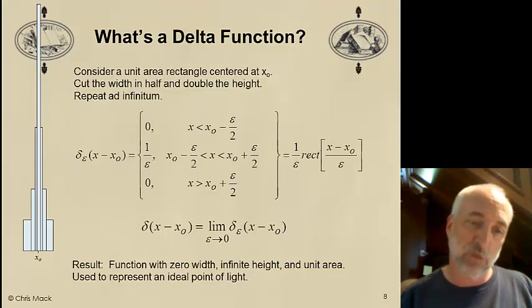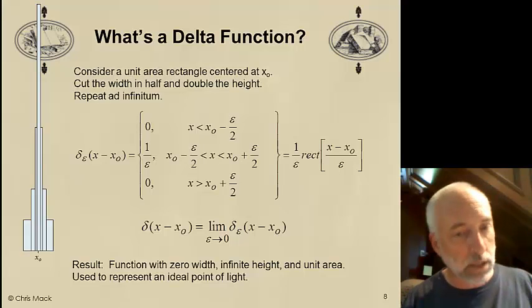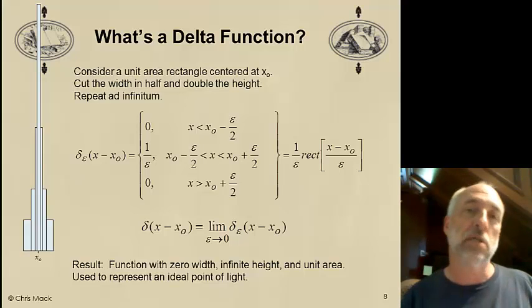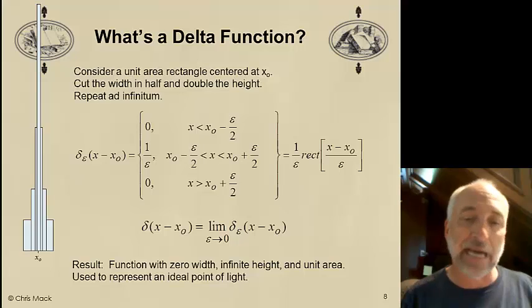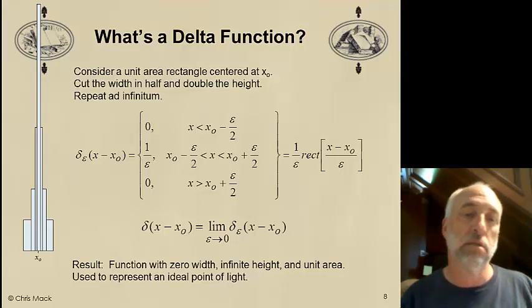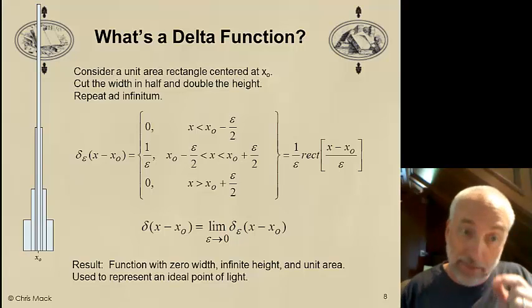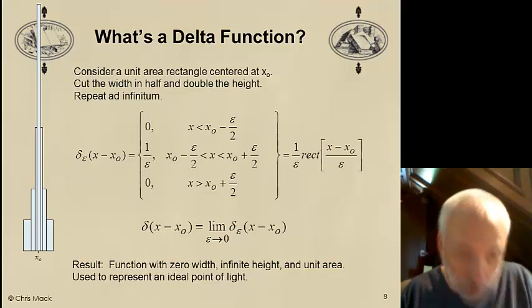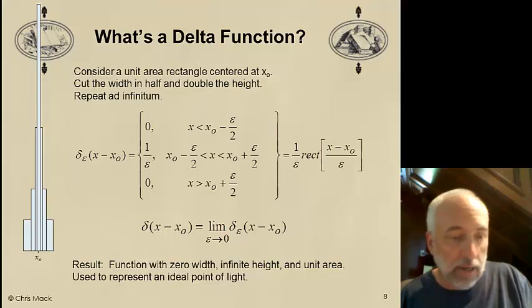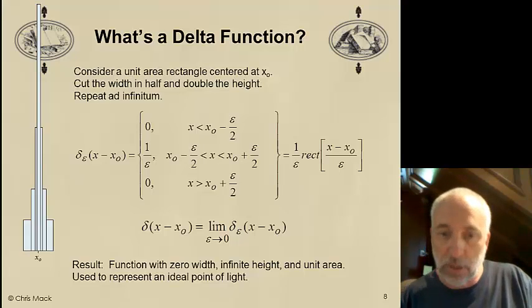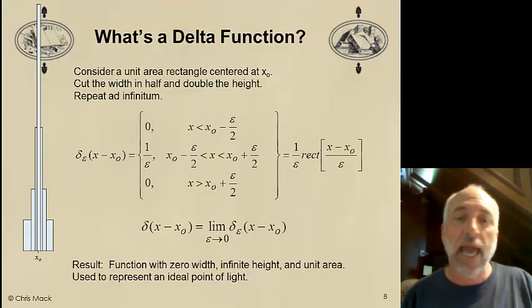Mathematically, so far so good. Physically, I will use the delta function to represent an idealized point of light. An ideal point source is a real point. It goes infinitely small in its dimension, its width, but it has unit area.